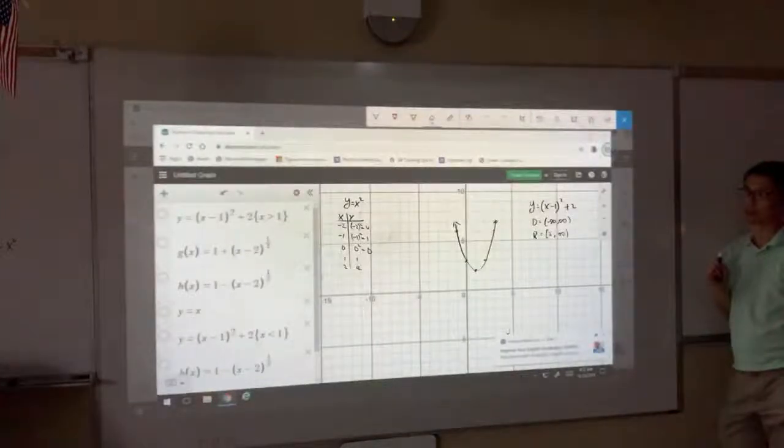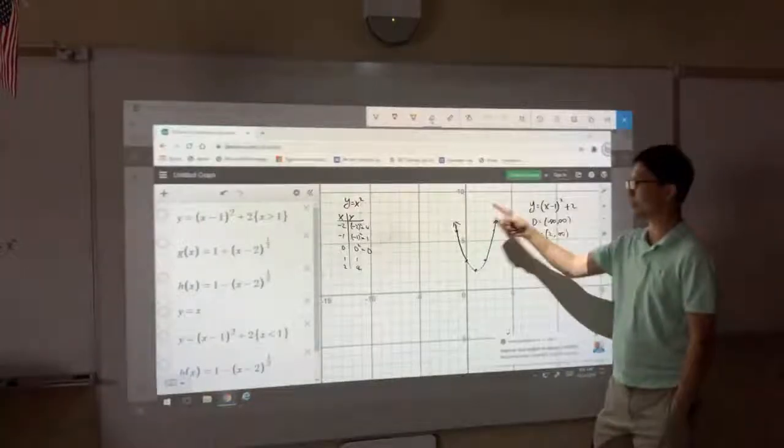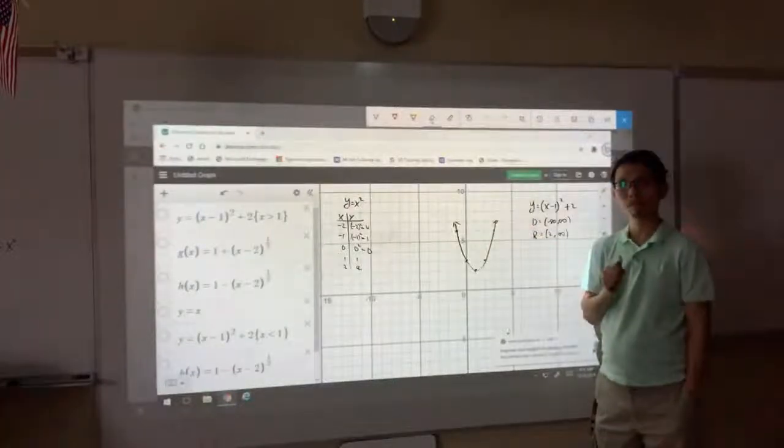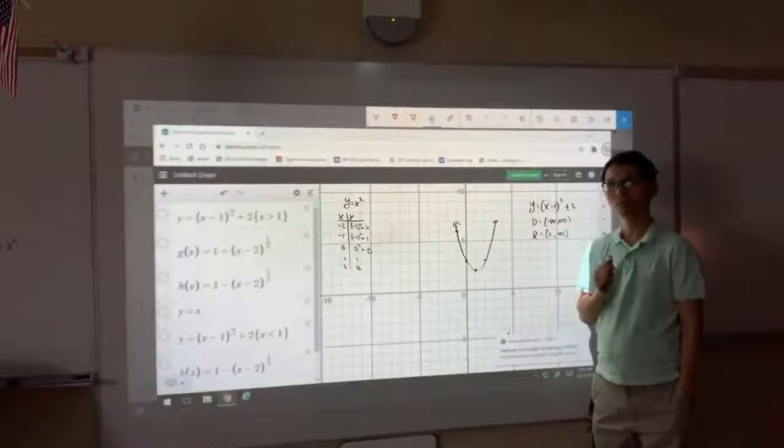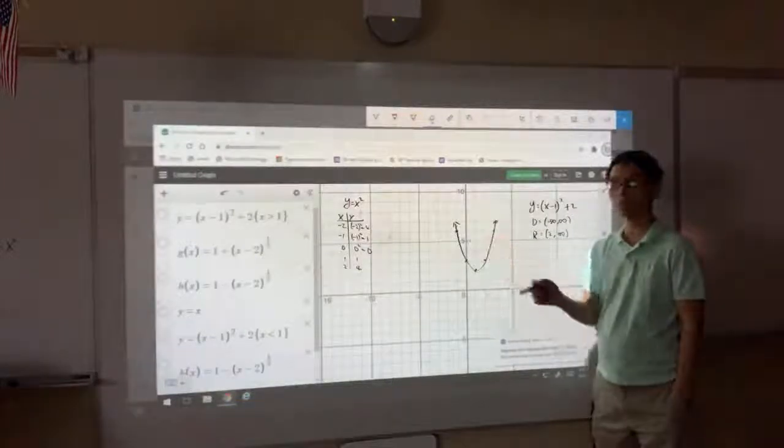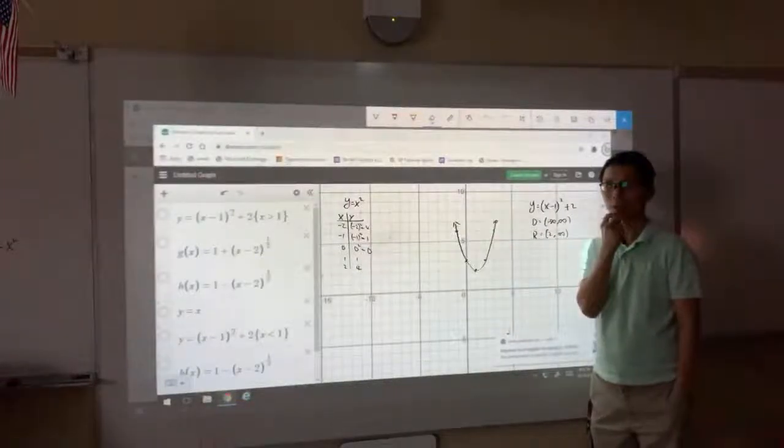But there's a slight issue. If I were to have the inverse function of this one, can I have an inverse? No. If I just want to inverse this function, we cannot have an inverse function. What are the two conditions to have an inverse?